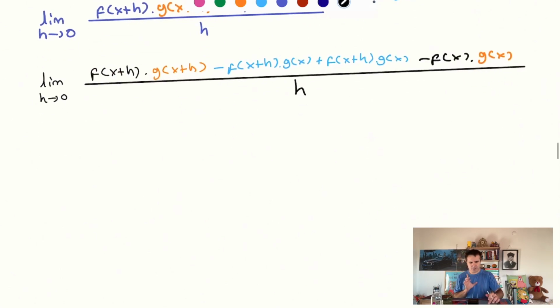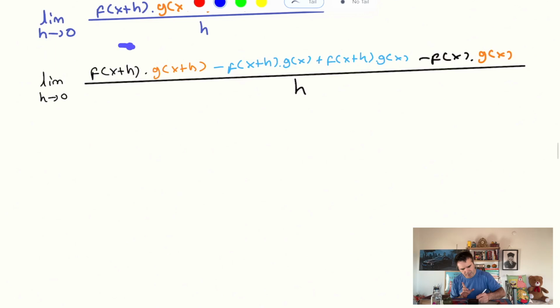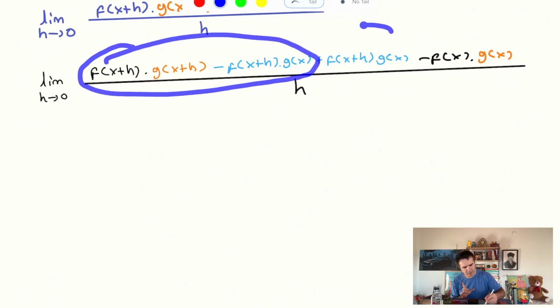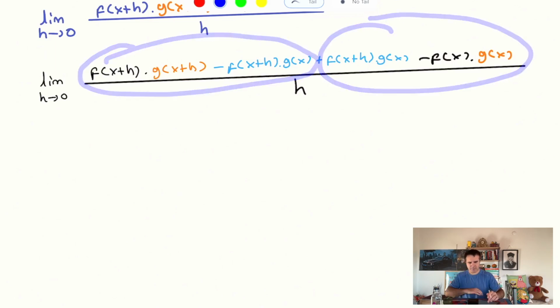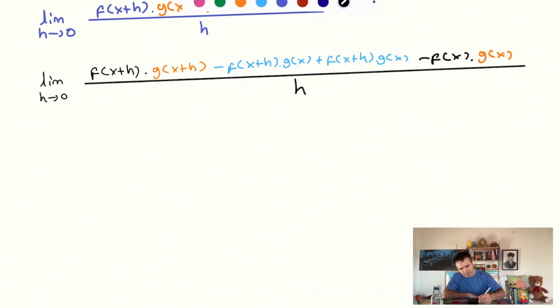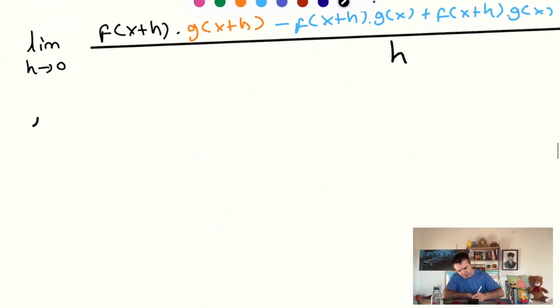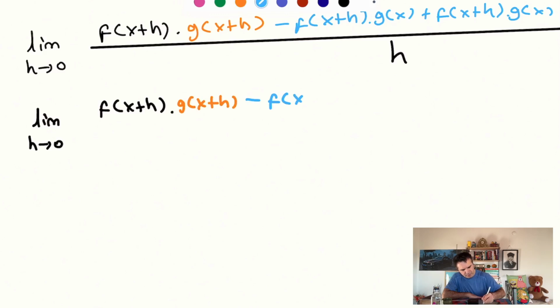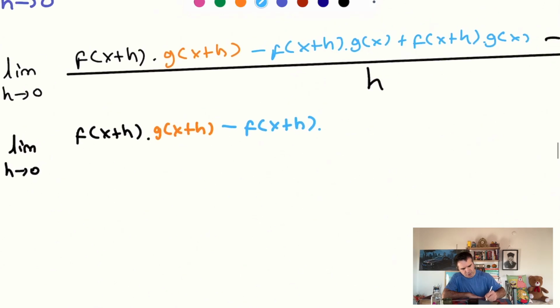In here, I will write this part and this part separately. Limit as h goes to 0 of f of x plus h times g of x plus h, minus f of x plus h times g of x.